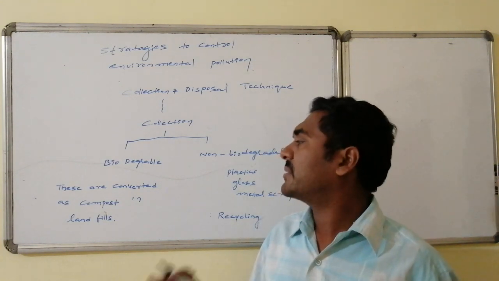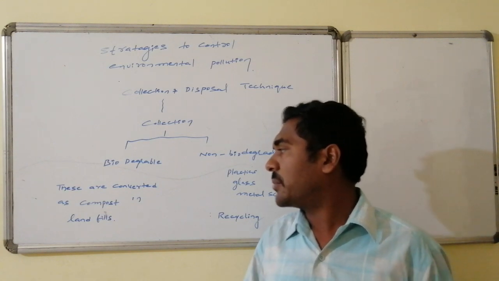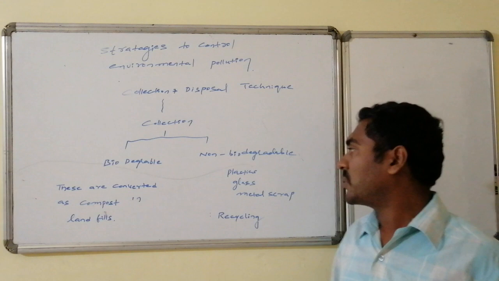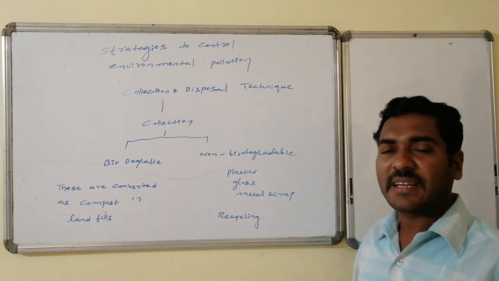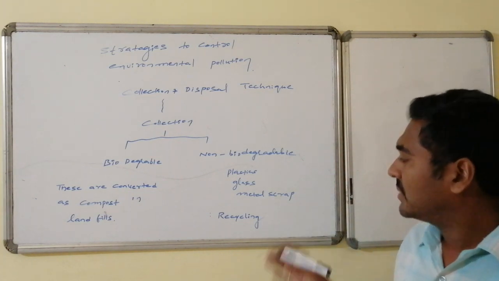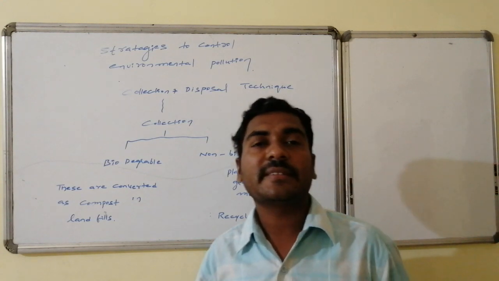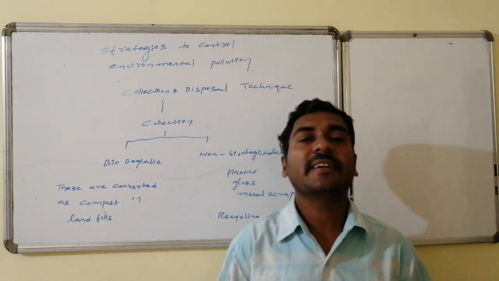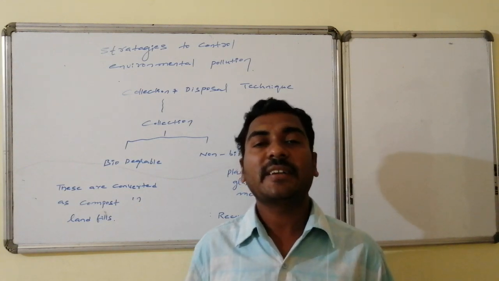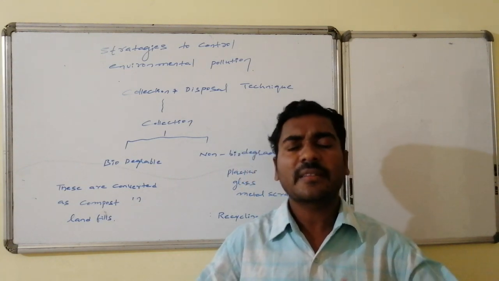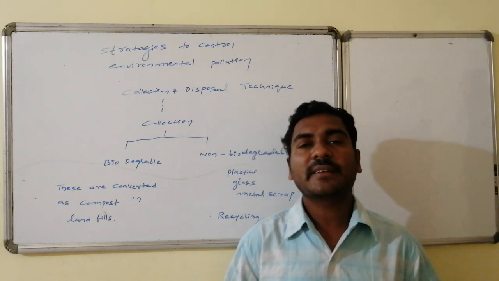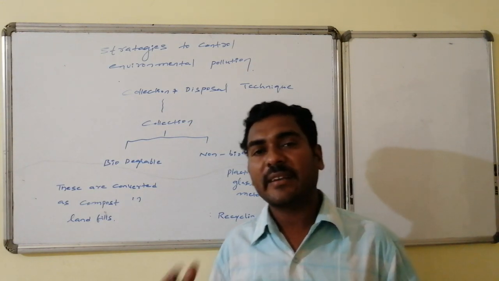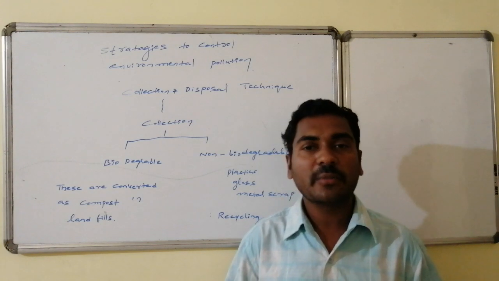The biodegradable things are converted into compost in landfills, whereas non-biodegradable waste includes plastics, glass, metal scrap, rubber, etc., and these are sent to recycling units, whereby they are made into secondary or tertiary items, like some other useful, lower quality items that can be made from the non-biodegradable things.